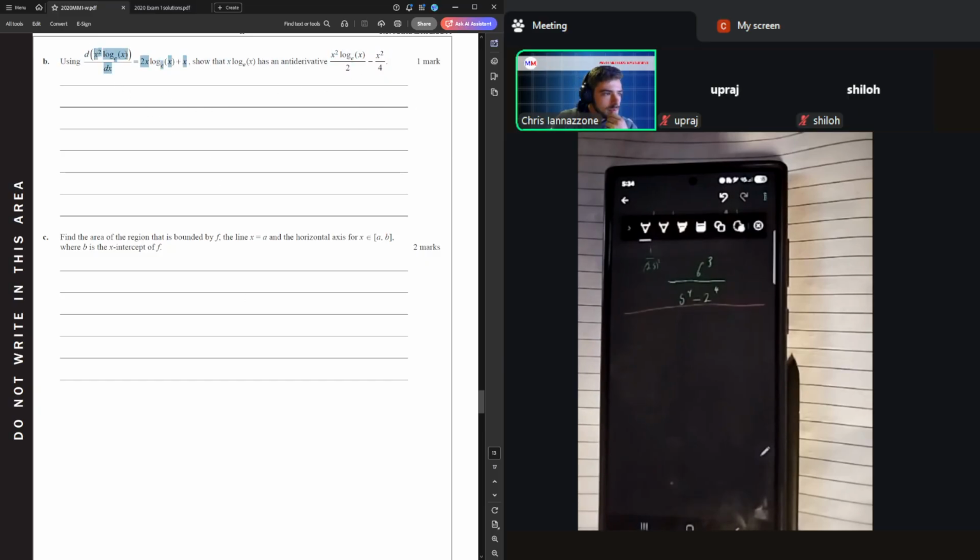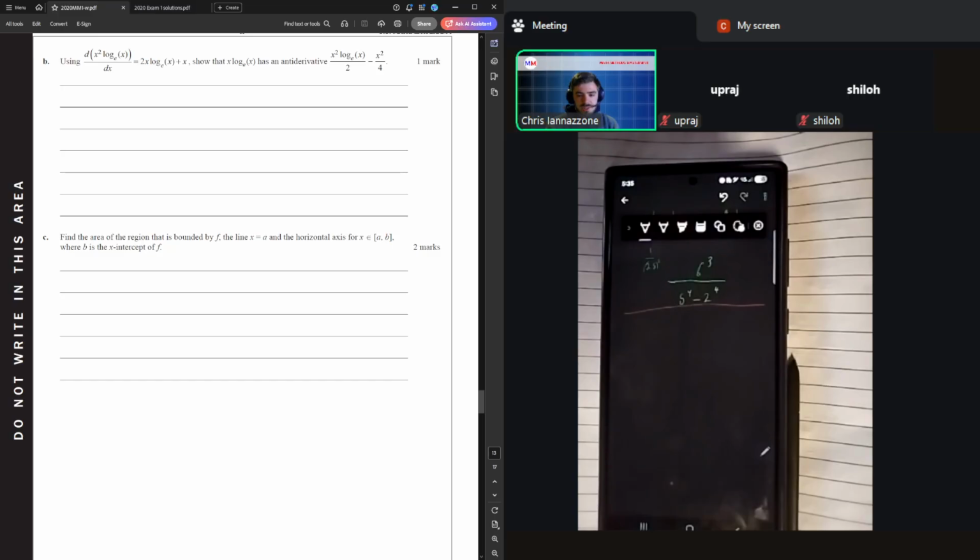8b. Using a diff to then solve a related anti-diff. Very common question. We've seen it a few times. There's a few key steps we always want to take under these scenarios.